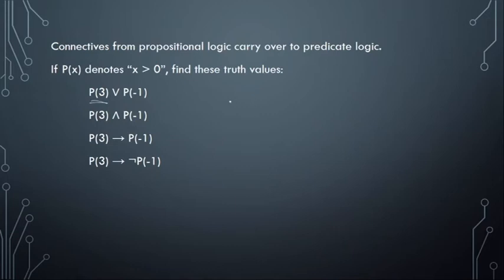So x has a value of 3. Is 3 greater than 0? True. Next, the next predicate: is negative 1 greater than 0? False.